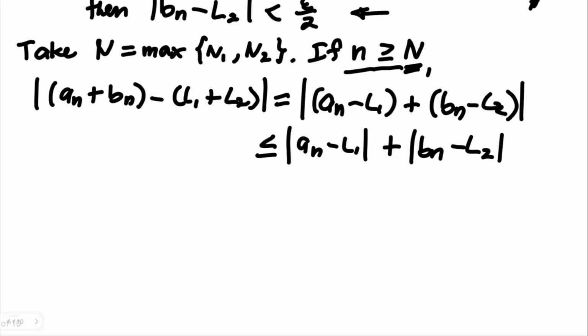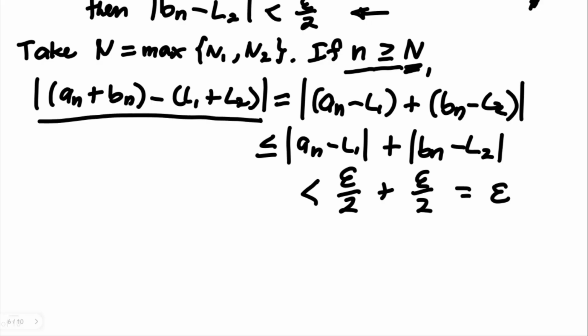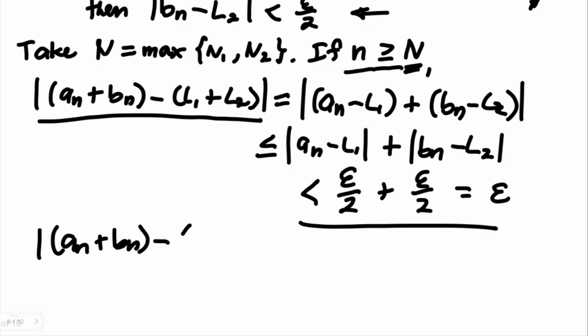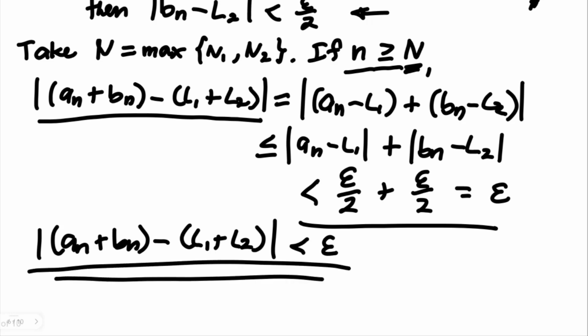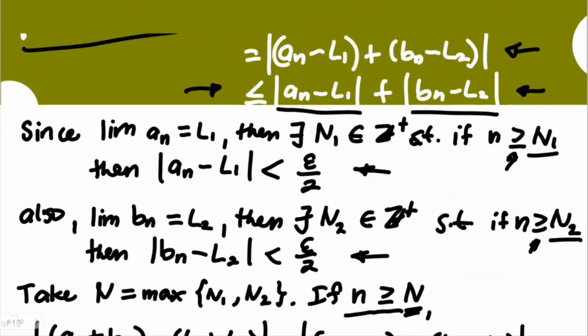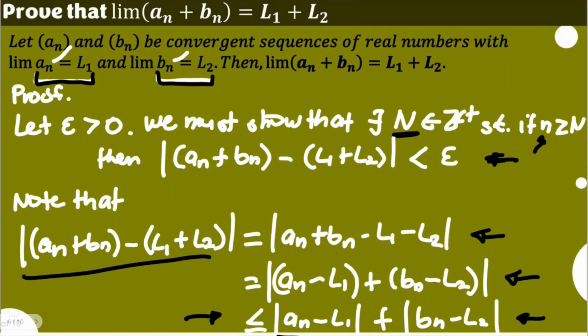So this is even further less than epsilon over 2 plus epsilon over 2, which is just equal to epsilon. So looking into this statement and going towards here, we can say that the final statement, the absolute value of a sub n plus b sub n minus L sub 1 plus L sub 2, is less than epsilon. Taken from this, we have satisfied the thing that we are trying to show.